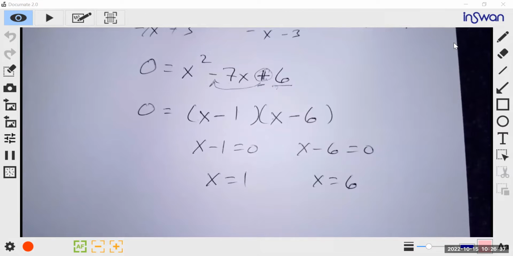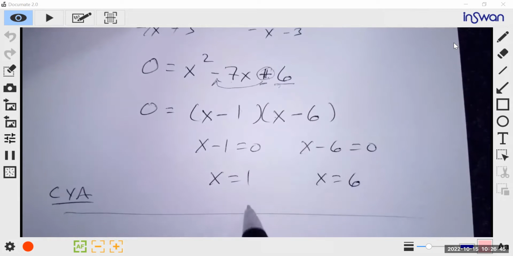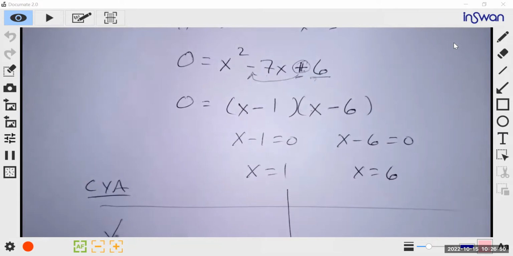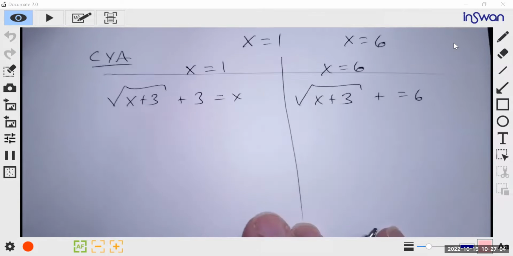But that's not our answers. What are we missing? Check your answers. Okay, let's do the square root of x plus 3 equals x. X equals 1 and x equals 6, let's try both of them.